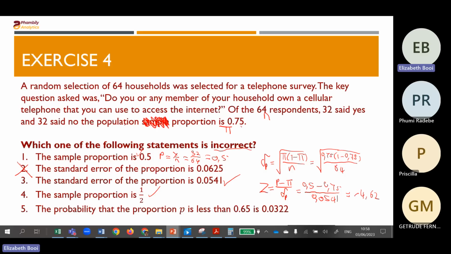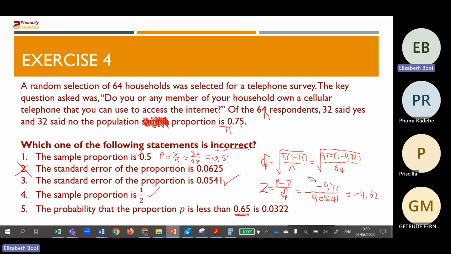I used 0.5. Guys, you don't say. We need to use 0.65, not 0.5. We are given 65. Oh, sorry, my bad. You need to read the question correctly.